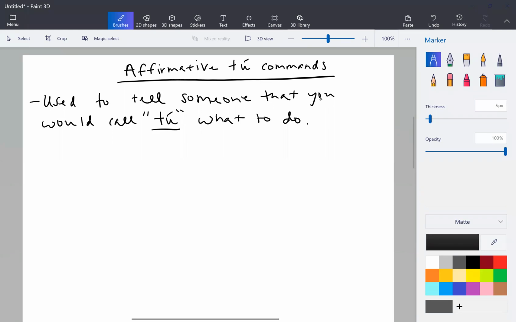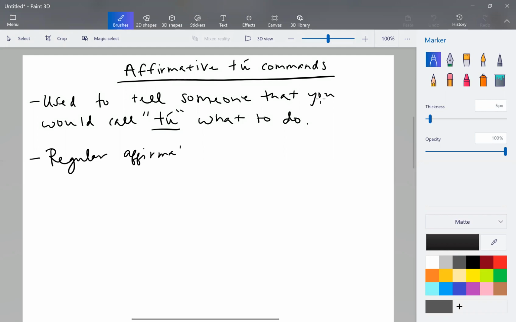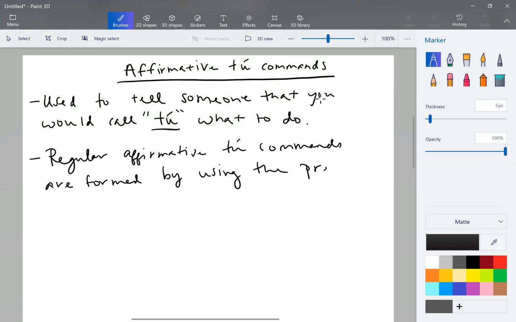All right, so these commands are used to tell someone that you would call tú what to do. And it's easy to form them. Regular affirmative tú commands are formed by using the present tense usted form.